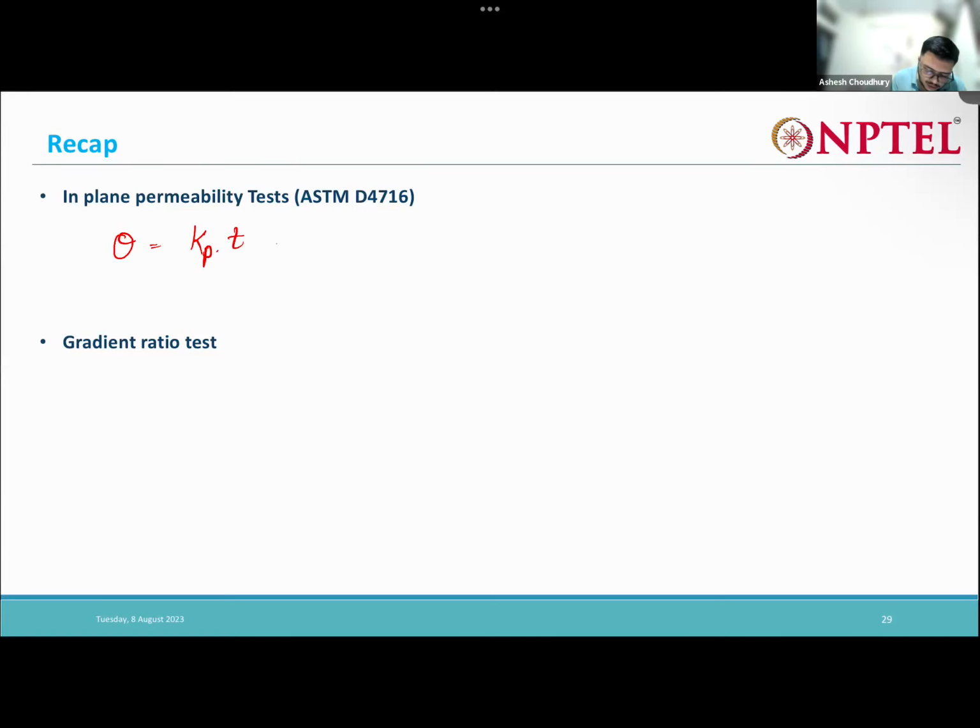Okay. So for the constant head test, this will be nothing but equal to k by i, okay. So i is equal to delta H by L. Delta H is the head and L is the length across which this flow is occurring. Length of the flow. So the flow is occurring from here to here. So there is some head difference and the flow will be occurring like this.